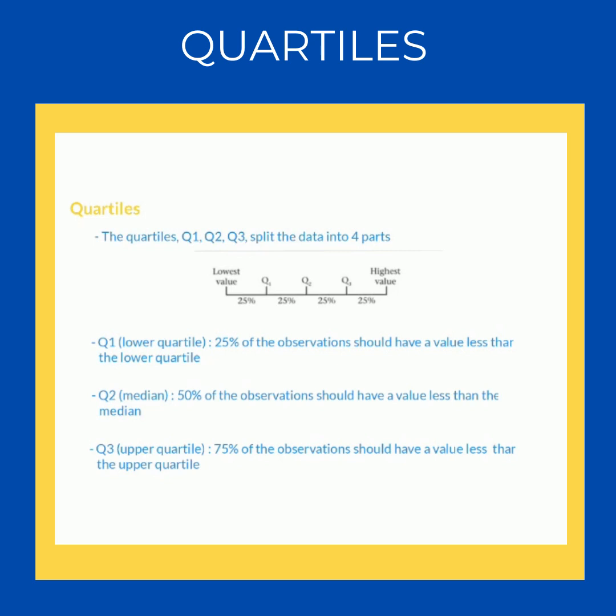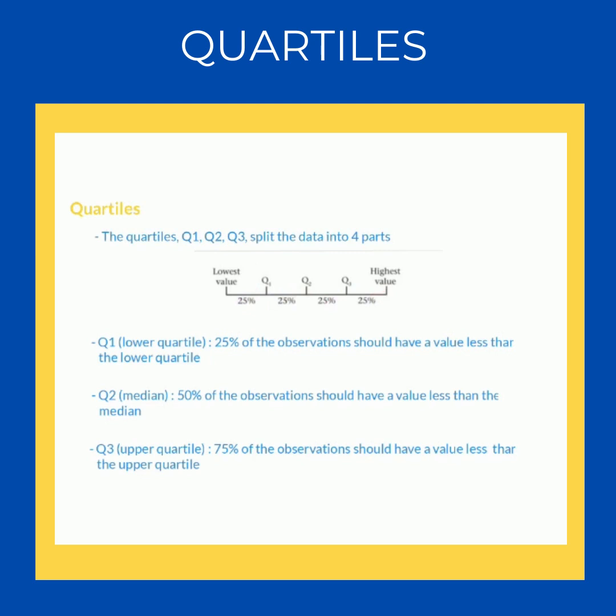So 25% of my data is Q1, Q2 is 25% plus 25%, so Q2 is 50% of my data, while Q3 is 75% of my data. So this is the first part, this is the second, this is the third, and this is the fourth.